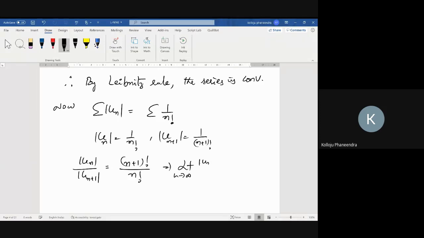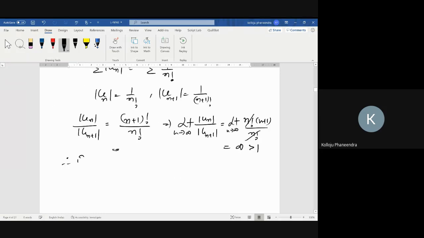Limit n tends to infinity of mod un by mod un plus 1 is equal to limit n tends to infinity n factorial into n plus 1 by n factorial. These two get cancelled. And what is the limit value then? N plus 1 is there, so infinity. Infinity means greater than 1. Therefore, by ratio test, sigma mod un is convergent.